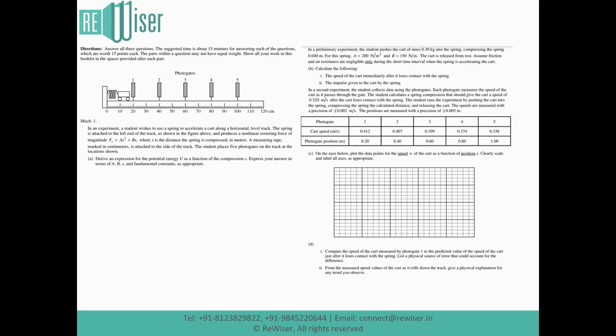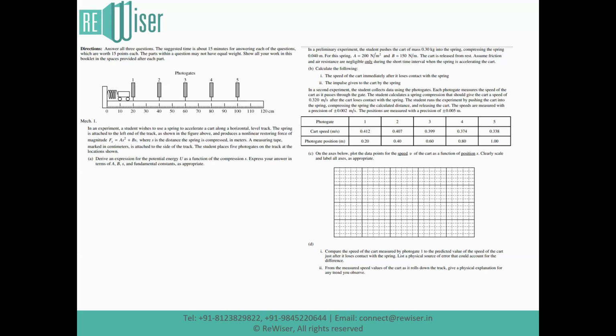A measuring tape marked in centimeters is attached to the side of the track. The student places 5 photo gates on the track at the locations shown. A photo gate is a device which records the time instant at which a particular object passes through it.